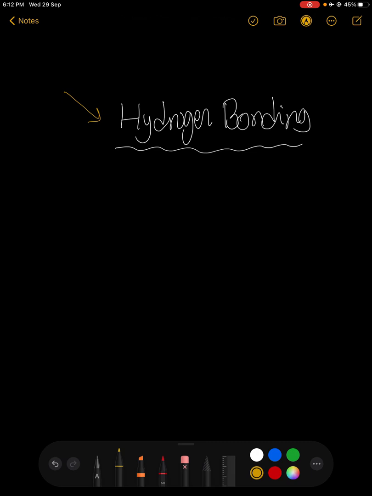So what are these factors, or let's say conditions, to have hydrogen bonding? First of all, you should have hydrogen, because it's hydrogen bonding. This hydrogen is connected to one of the three most electronegative atoms in the periodic table, which are fluorine, oxygen, or nitrogen.